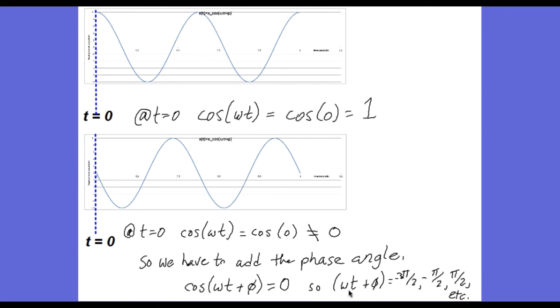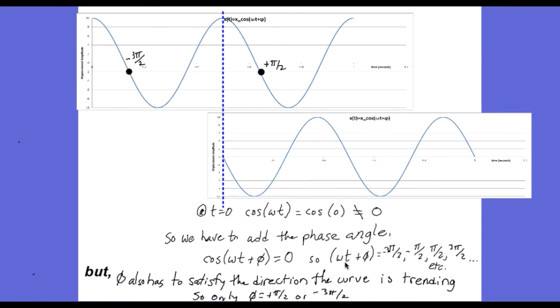So we know for the cosine function, these are the values of radians that yield 0 when you take the cosine of it. So at time t equals 0, if phi equals any one of these radian values, the cosine of that will be 0, and that satisfies this point on our graph.